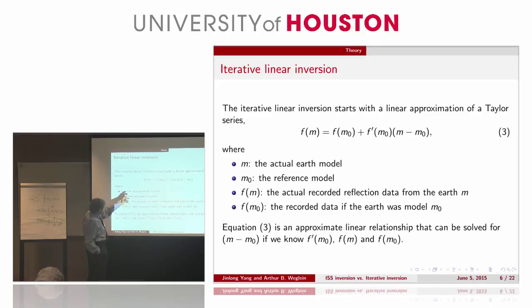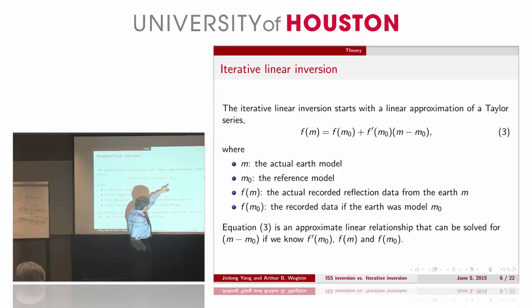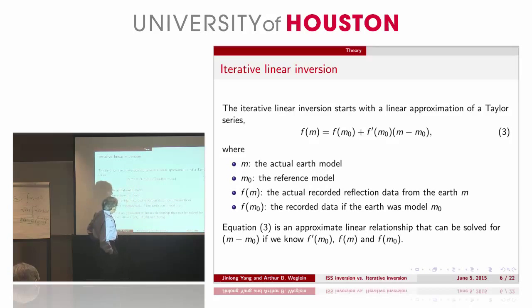A typical way that is carried out is to write a Taylor series like this. Here this is your actual data, this is the reference data, and you have a Frechet derivative, a sensitivity matrix, times M minus M0, and of course it goes on, but this is being truncated.